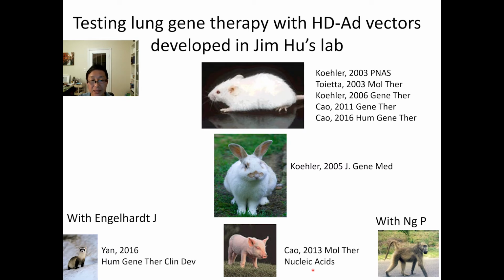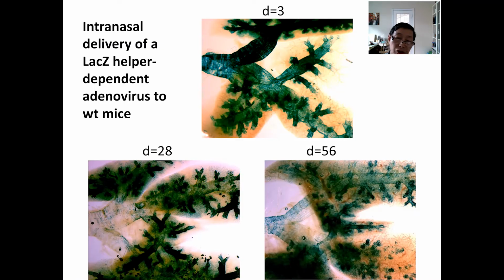In collaboration with others, we have also shown that we can get gene expression in the lungs of ferrets and baboons. As shown here, we can get relatively long-term LacZ reporter gene expression in mouse lungs. As many of you know, if you use regular adenovirus, probably you can get expression for only a couple of weeks.